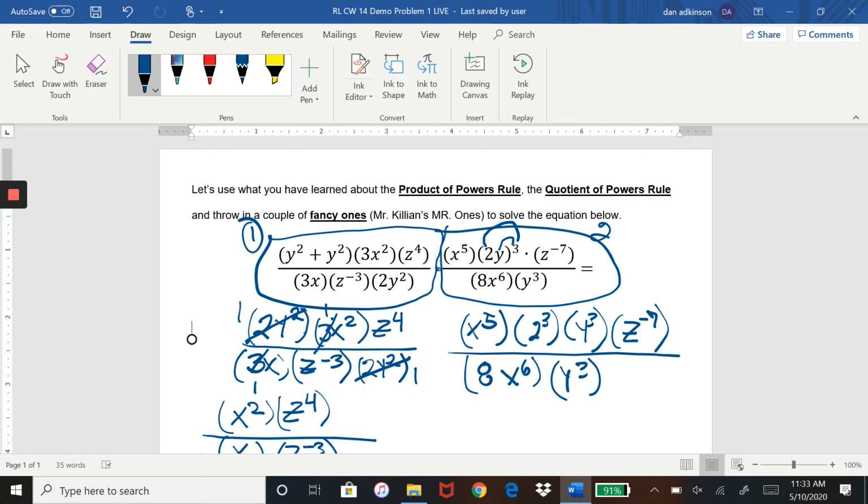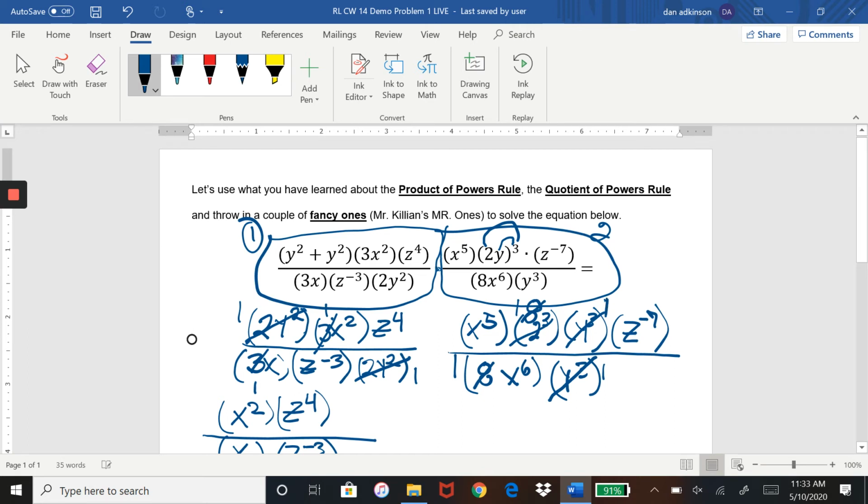All right. So let me get a couple of quick things out of here. 2 to the 1st power is 2, 2nd power is 4, 2 to the 3rd is 8. So just replace that with an 8 here. Wait a minute, I see an 8 above and below the division bar, so that's just a fancy one. I also see y to the 3rd above and below.